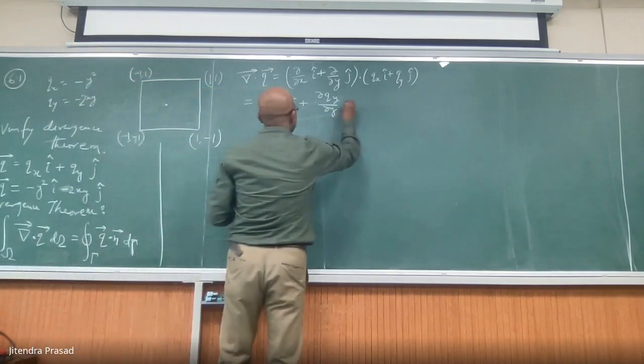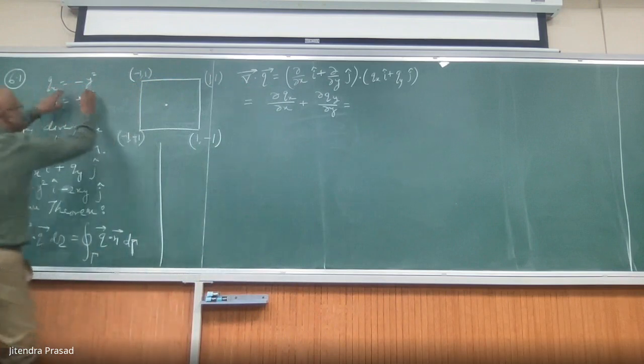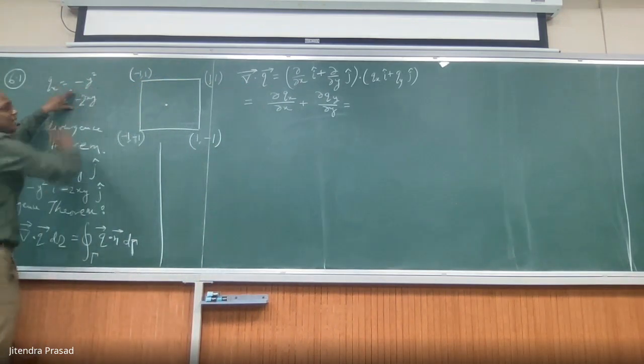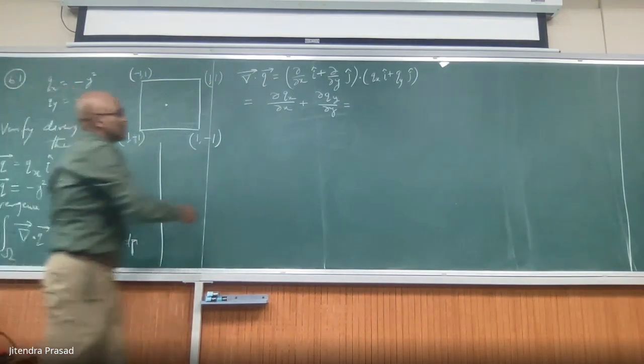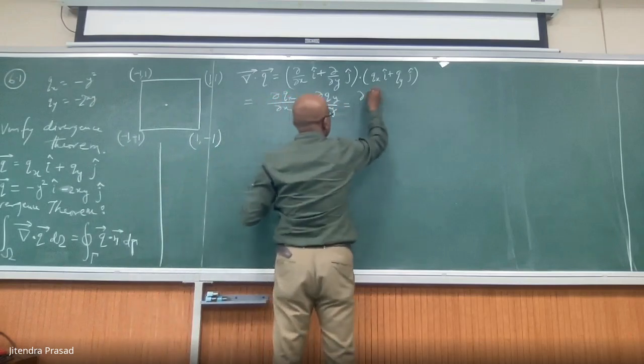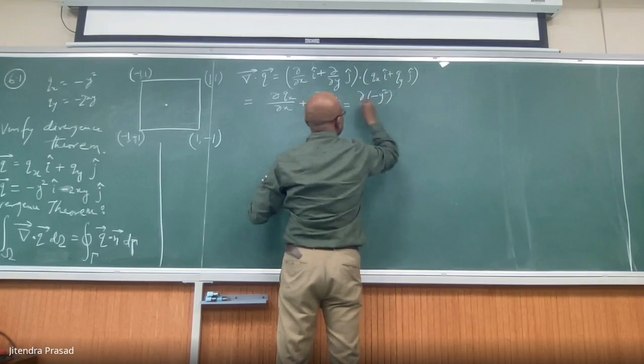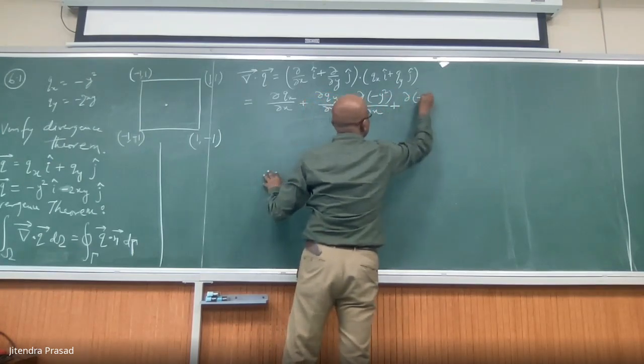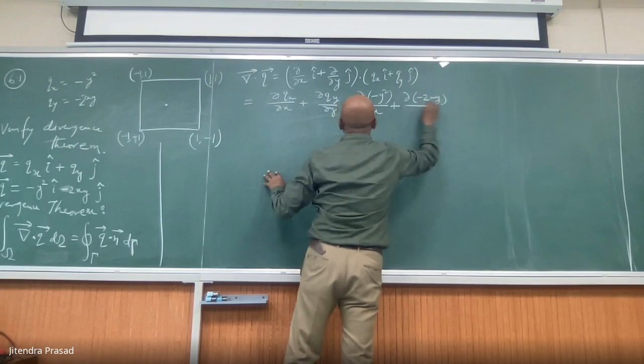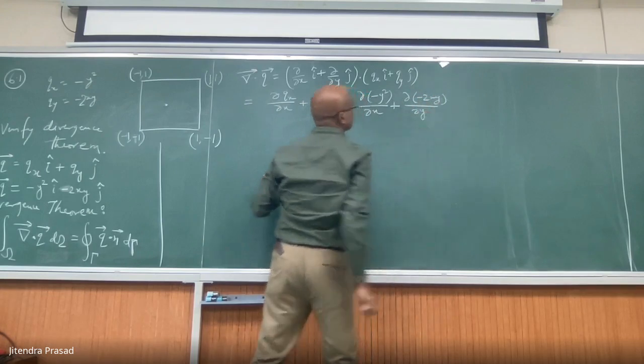Now we have those values. Qx is minus y square, so we write del of minus y square over del x, plus del of minus 2xy over del y.